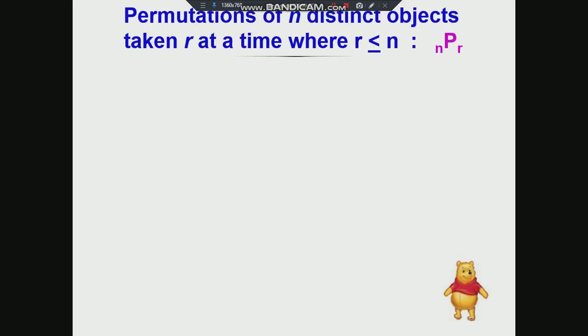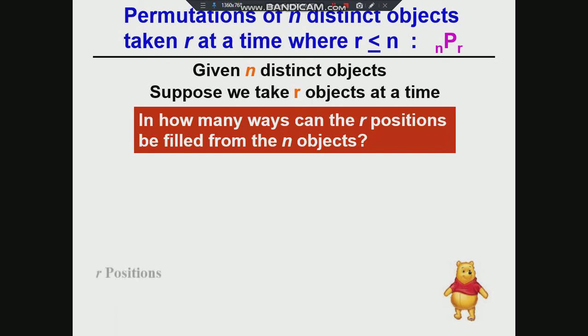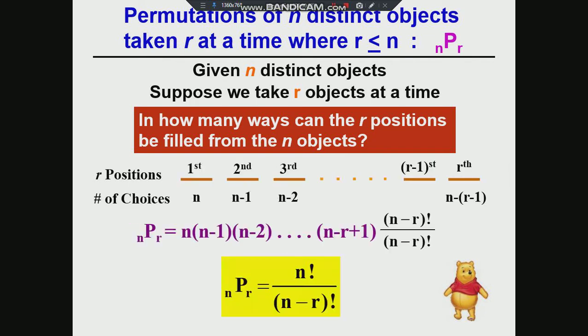And we have also another one, which is permutations of n distinct objects taken r at a time, where r is less than or equal to n, is n permutation r. That is n permutation r equals n factorial all over quantity n minus r factorial. Let us have specific examples for this one.